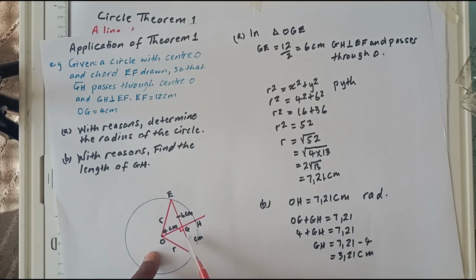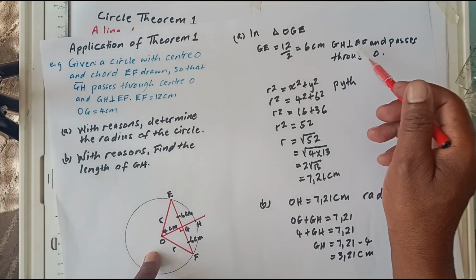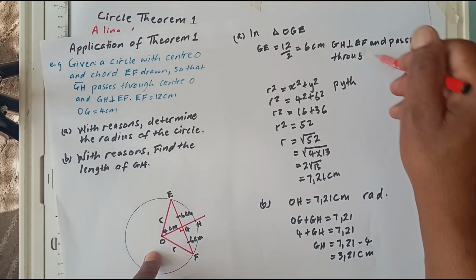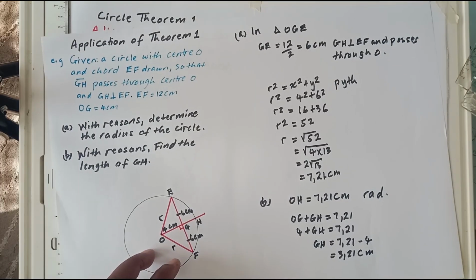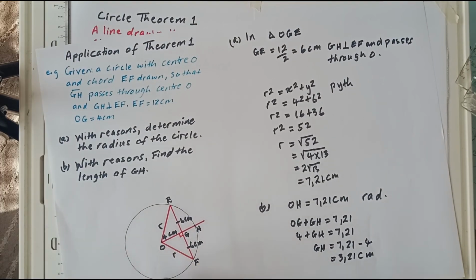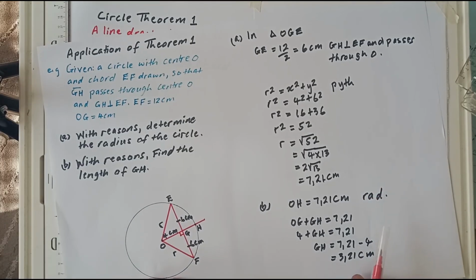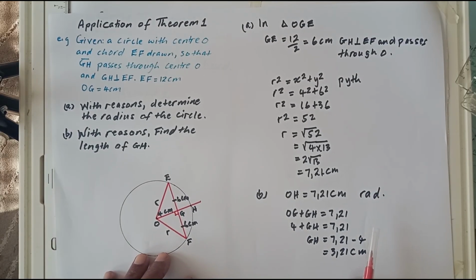Then you need to know that the line passing through the center is at 90 degrees. So one of the two is going to be helpful as a reason. It will be given in the question, because we mustn't forget to give the reasons when we are solving the problems.